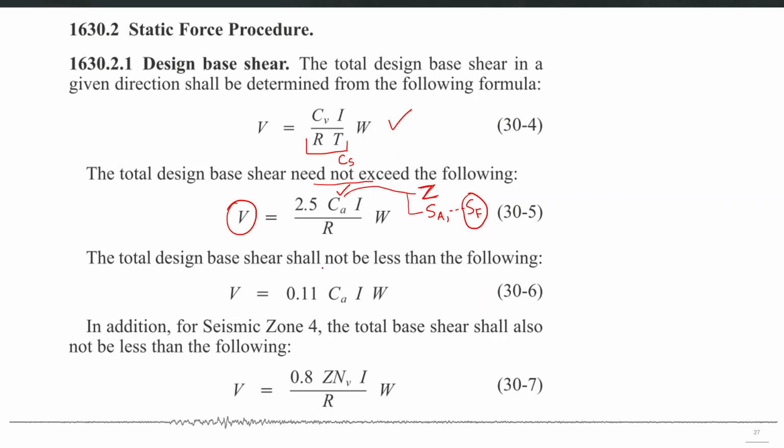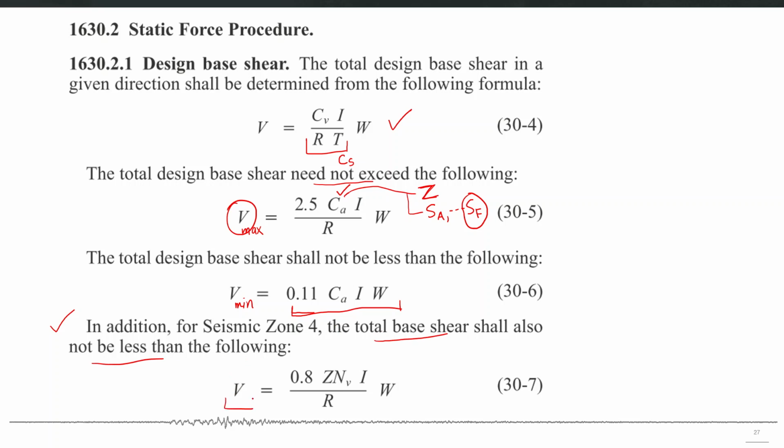The total design base shear shall not be less than the following. So this was V max, and this is V minimum. This is the minimum loading which you should consider anyway. And now there is a special provision added for seismic zone 4, and that provision says that the total base shear shall also not be less than the following.